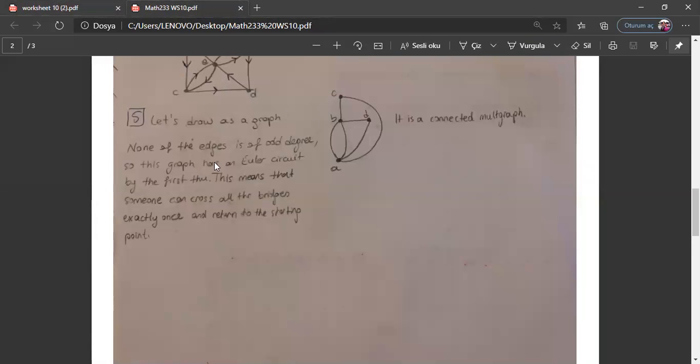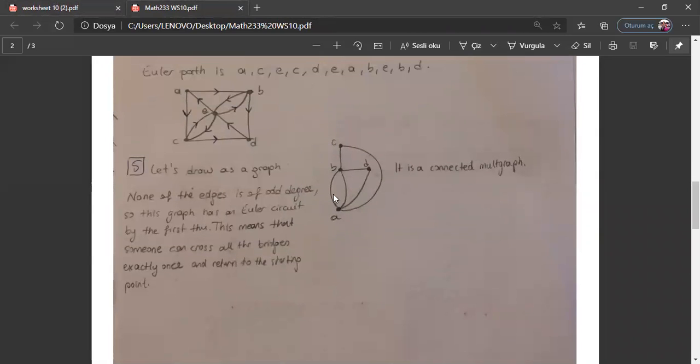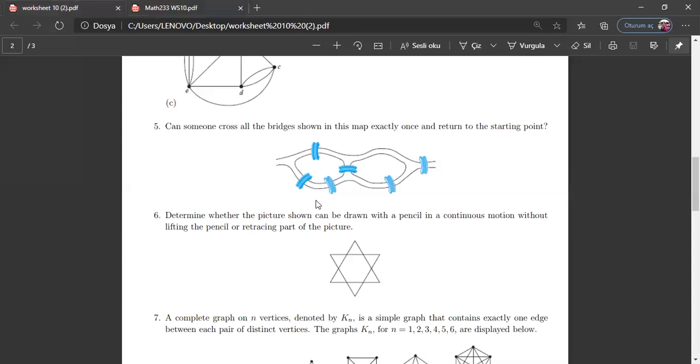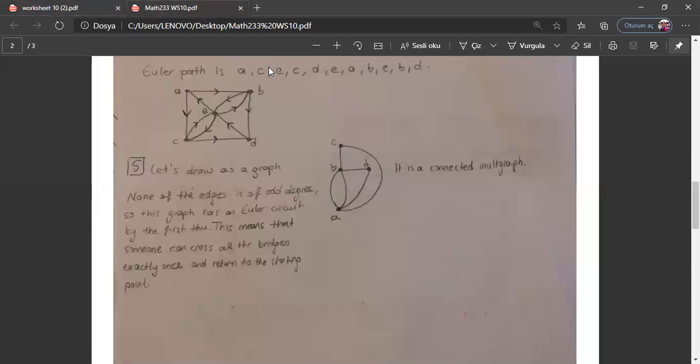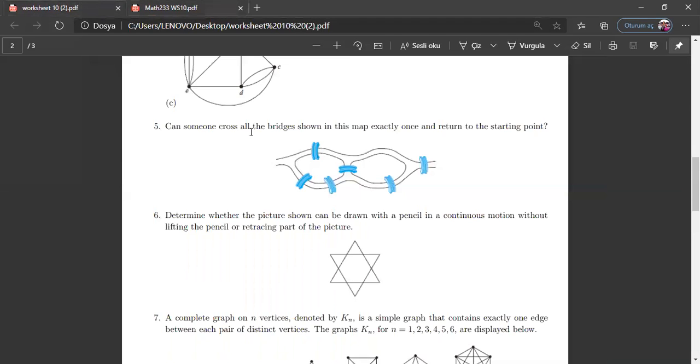We can find that by using the information about graphs. So we can, for example, write this road as a graph, as in here. They are connected at one point, right?